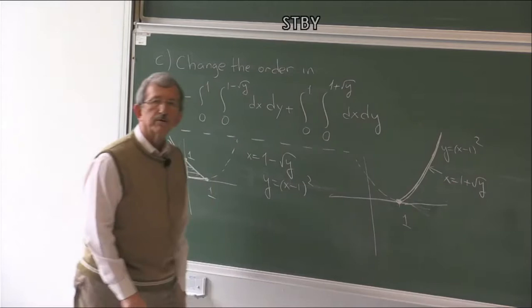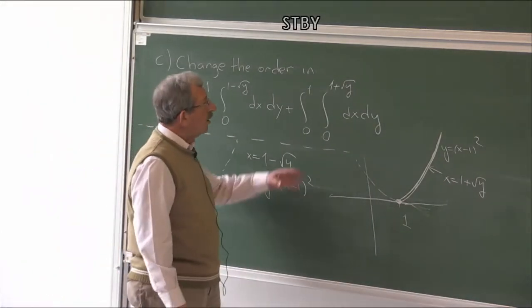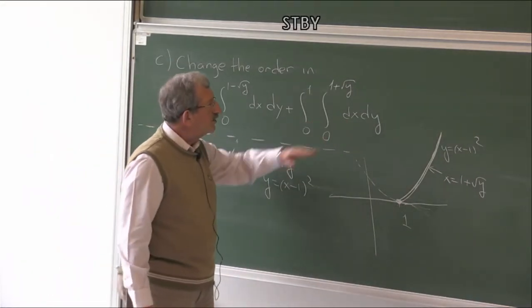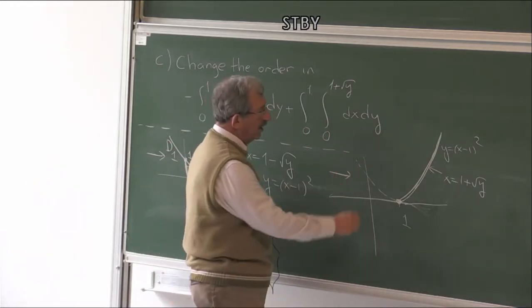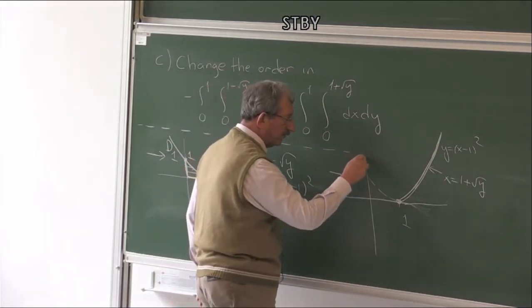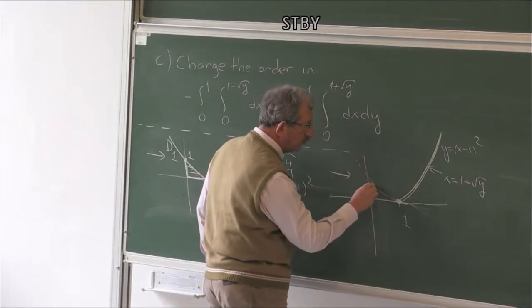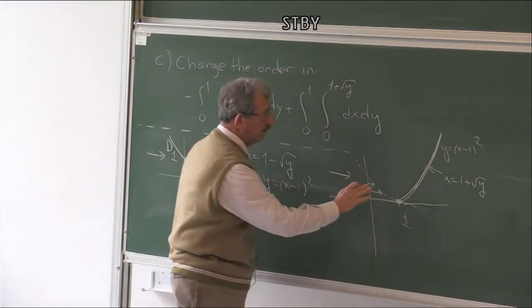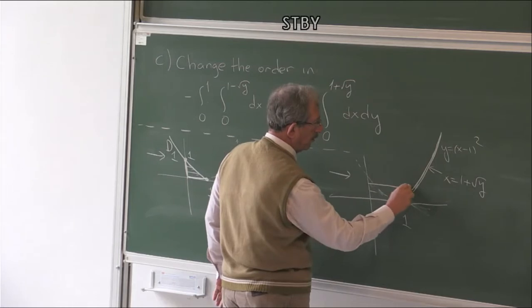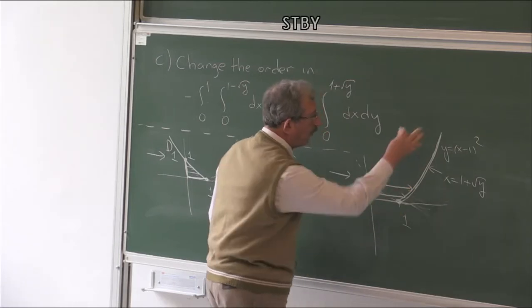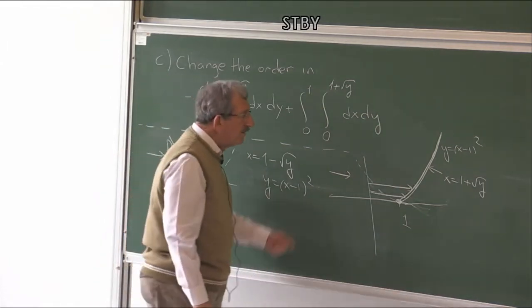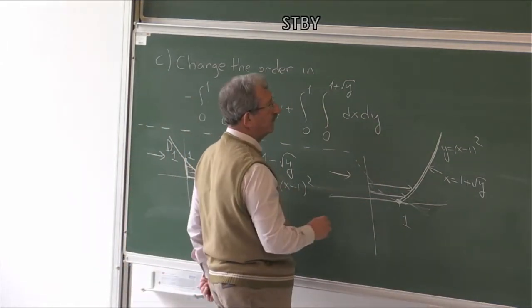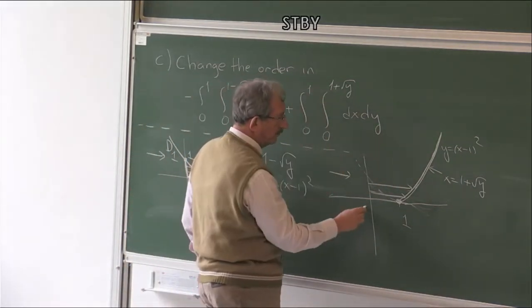Now, x starts again. We are looking in the x direction. From 0, that's the y-axis, goes up to the right branch. In the meantime, y changed from 0 to 1.